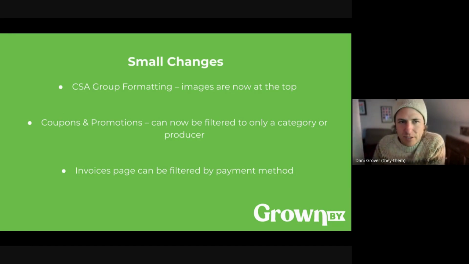Another small but important change, especially for some farmers, is that now you can make your coupons and your promotions only work for specific categories or producers. Part of the reason we built this is that for farmers selling via SNAP, you can have a category for products that are specifically SNAP eligible, and offer a certain promotion on those products.